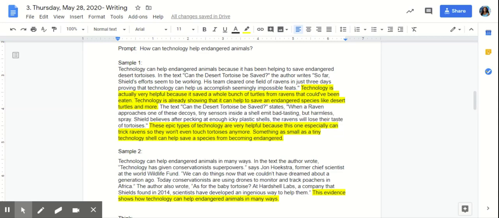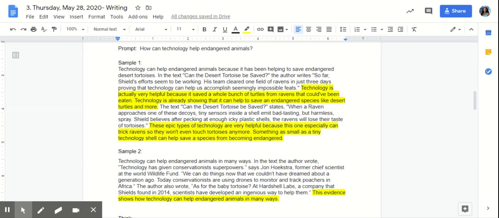Technology is actually very helpful because it saved a whole bunch of turtles from ravens that could have been eaten. Technology is already showing that it can help to save an endangered species like desert turtles and more. The text, Can the Desert Tortoise Be Saved? States, when a raven approaches one of these decoys, tiny sensors inside a shell emit bad tasting, but harmless spray.